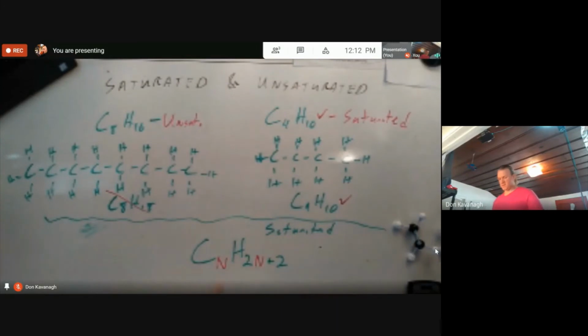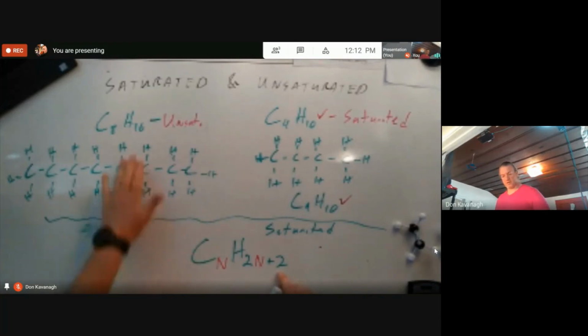So n is the number of carbon atoms that the formula gives you. That's where you start. And then you do this multiplication and addition over here. And if the numbers match up, then you have a saturated hydrocarbon. If the numbers don't match up, it's unsaturated. Let's do it with this one right here.